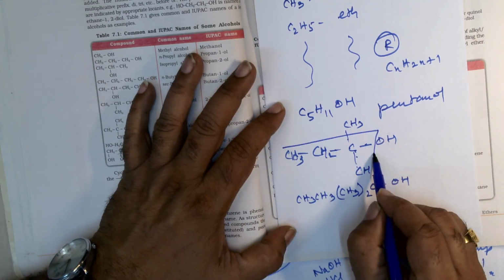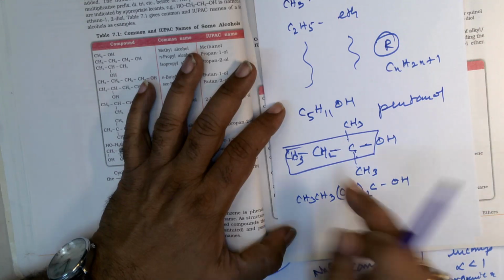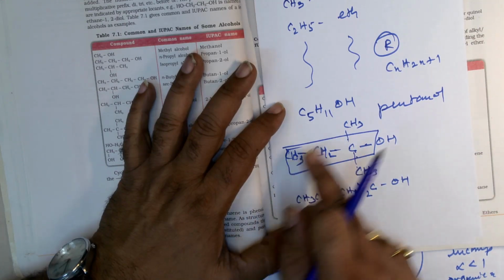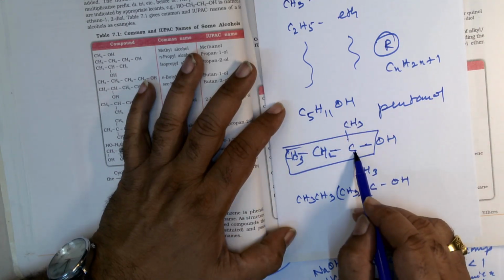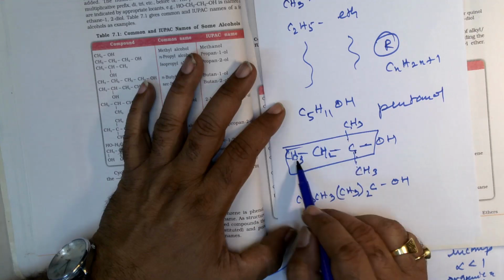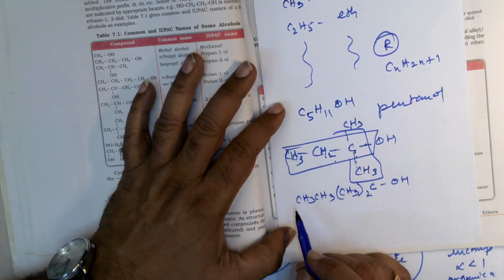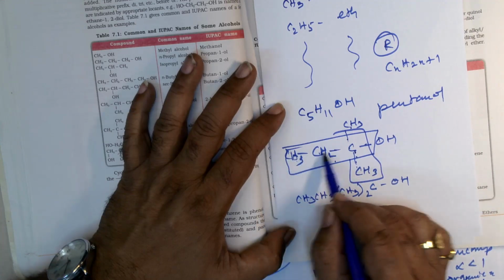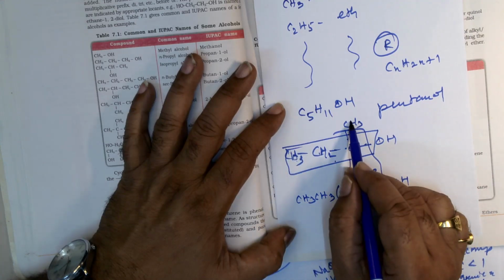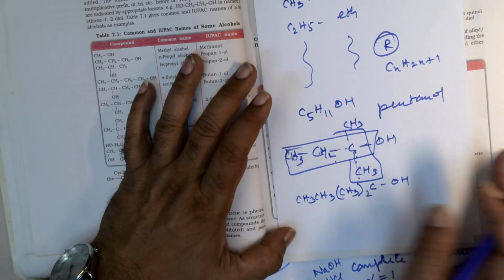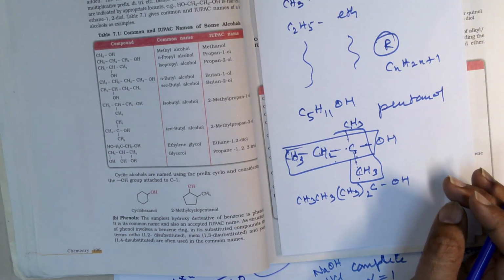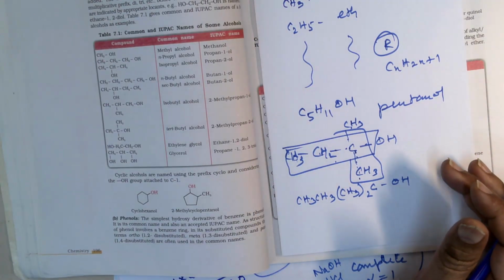Take the longest chain. The longest chain is four carbons, so it is butanol. One, two, three, four. So 2-methyl-2-butanol. Right, 2-methyl-2-butanol. Write down 2-methyl-2-butanol.